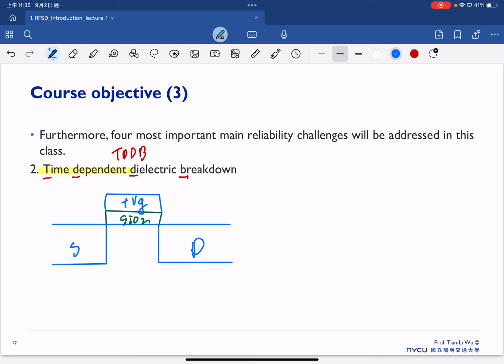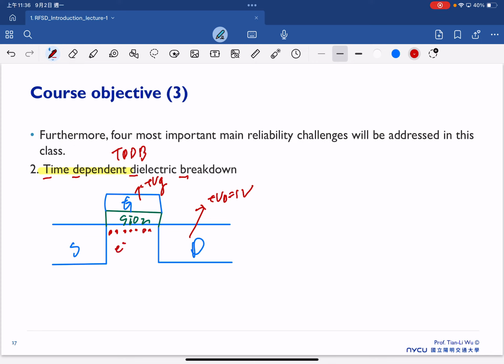So we have a gate region. And then what we usually do for the MOSFET, in most cases, is apply VD at 1 volt here. At the same time, we also apply the gate voltage here, and then we start to induce the electrons.